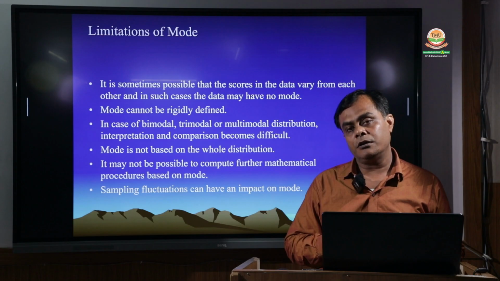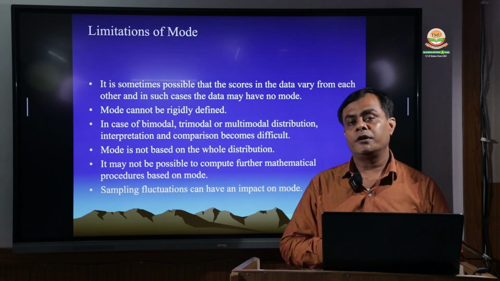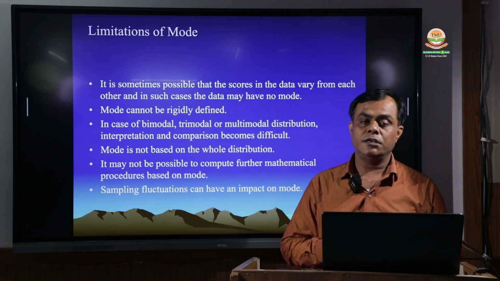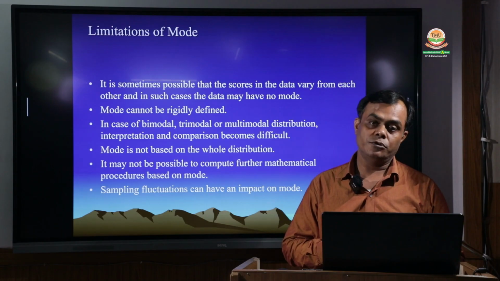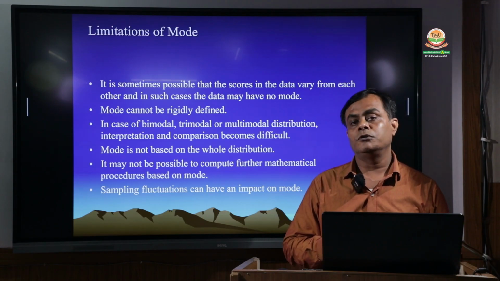So we have gone through the properties, the advantages and the limitations of mean, median and mode.